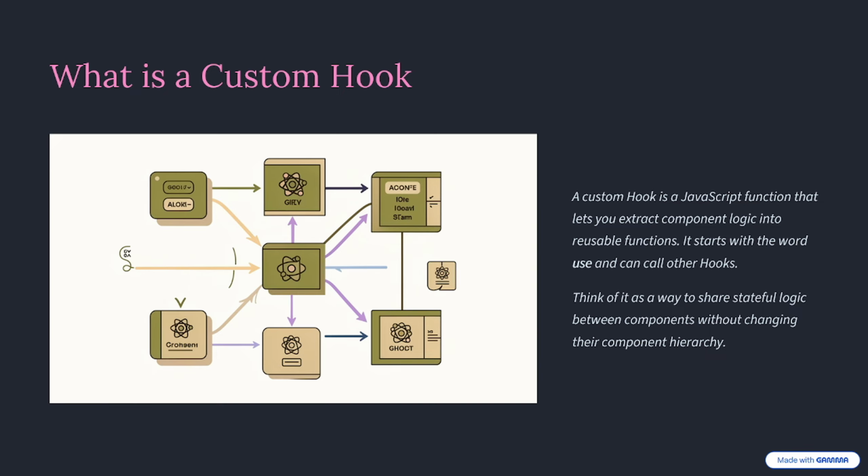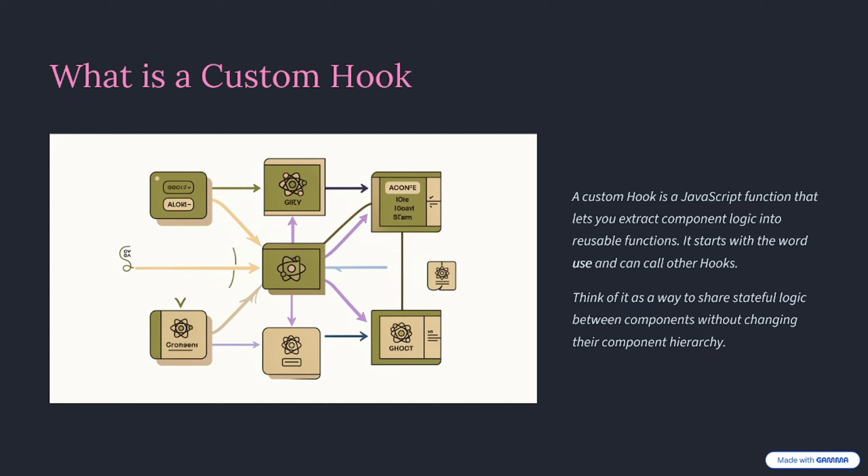A custom hook is a JavaScript function that lets you extract component logic into reusable functions. It starts with the word use and can call other hooks. So whenever we want to use a custom hook, we need to use the term use as a prefix, and then automatically it will be understood as a custom hook.